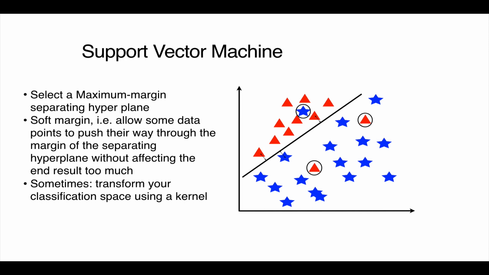And yet another thing with support vector machines is that we can use so-called kernels as well. This is a way to warp the space if we want to make non-linear decision boundaries. And I will come into all these concepts in the following slides.